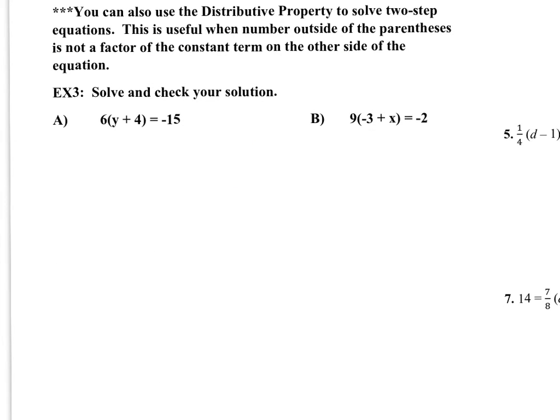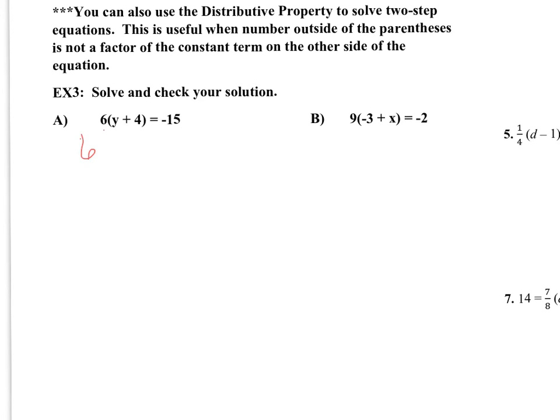You can also use the distributive property to solve two-step equations. This is useful when the number on the outside of the parentheses is not a factor of the constant term on the other side of the equation. So in this case, if I distribute, I'm going to multiply the outside number by each inside value.